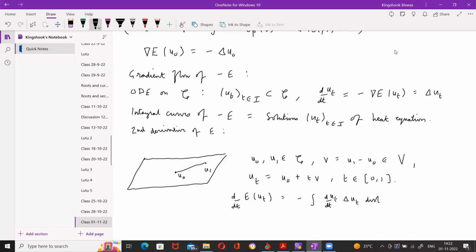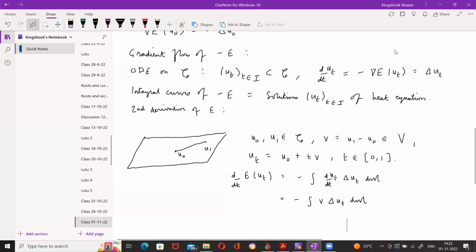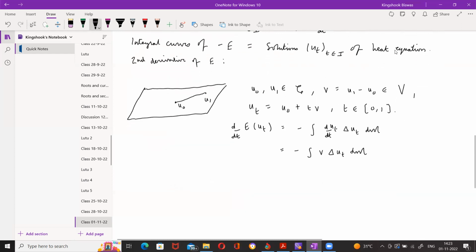So this is going to be minus the integral of v times the Laplacian of u_t, because d/dt of u_t is constant, equal to v. It's a straight line, so the derivative is constant, equal to v.